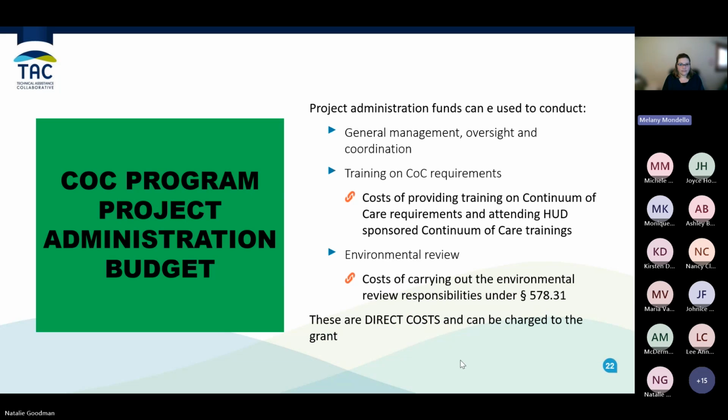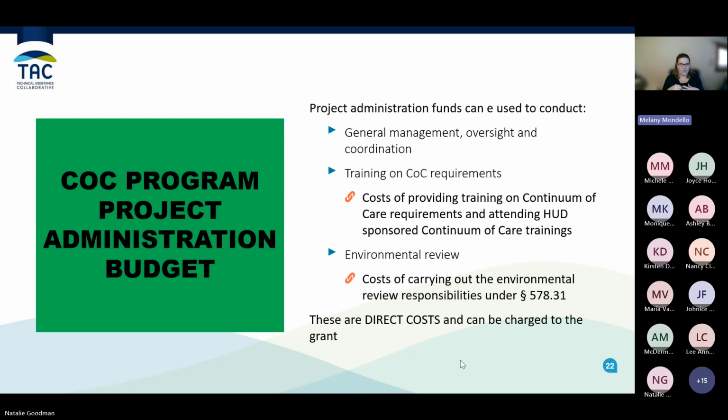So now we're going to spend a little bit of time talking about what the CoC, the Continuum of Care Program, thinks project administrative budget costs are, what are allowable costs. And then we're going to talk about indirect costs and kind of how those are set and how your agency can think about them. So here you can see this is the high level definition. This is an excerpt from the CoC program rule. Project administrative funds can be used for general management, oversight, and coordination.